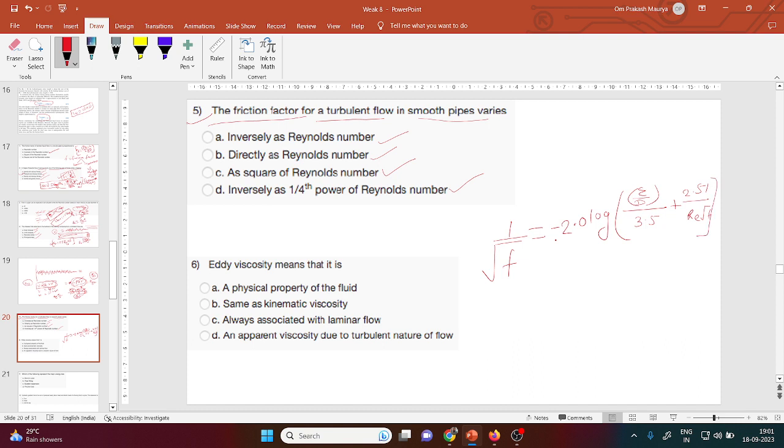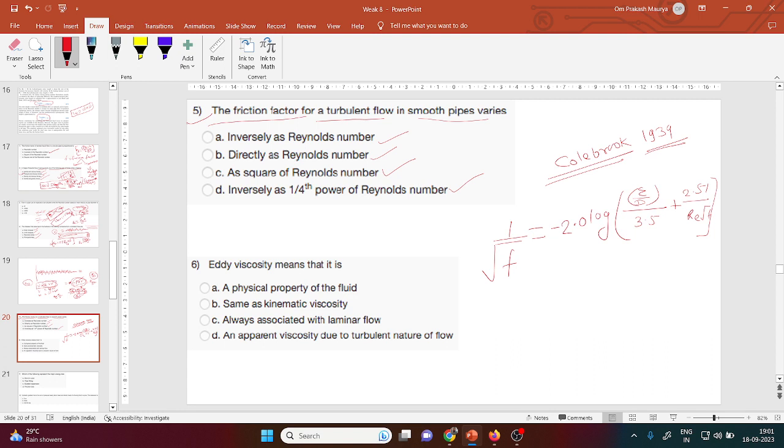So this is the equation given by Colebrook. This equation was given by Colebrook in 1939 actually.